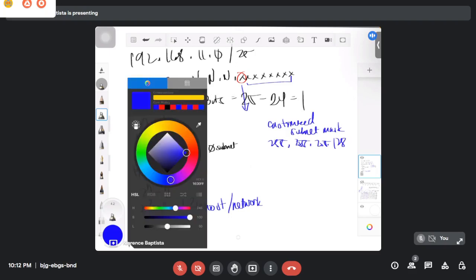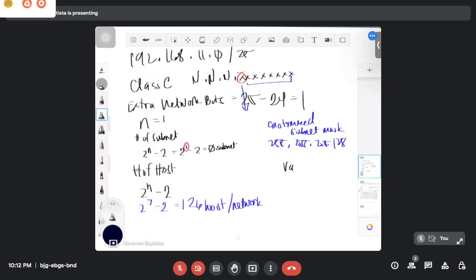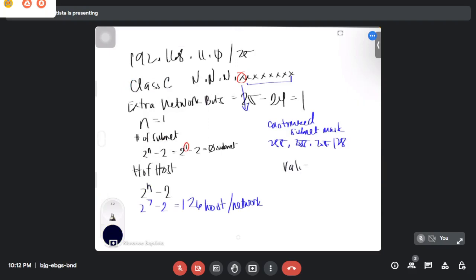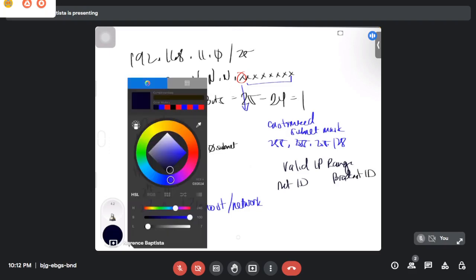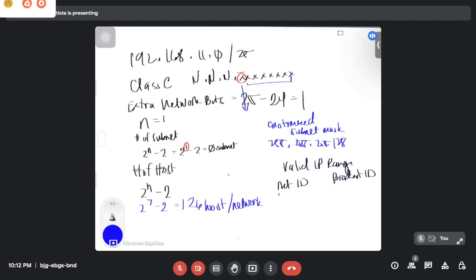And then, valid IP range. Network ID. And then, broadcast ID. So, start tayo naman kay 192.168.11.0. Okay, next natin, dahil isa lang po yung naka-carry up sa kanya, which is 128.